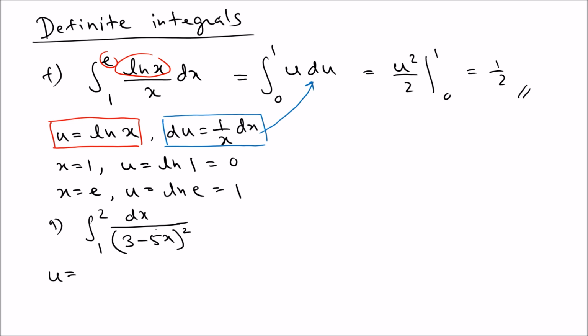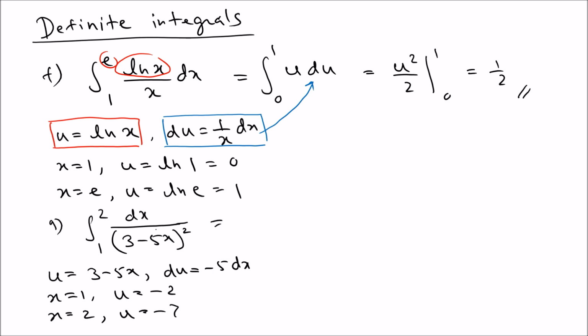We pick u as the inside function, 3 minus 5x, du equals negative 5 dx. When x equals 1, u equals negative 2, when x equals 2, u equals negative 7. Those are the new values. So we calculate all of them at the same time: u, du, and the new values. There are 4 things to calculate.